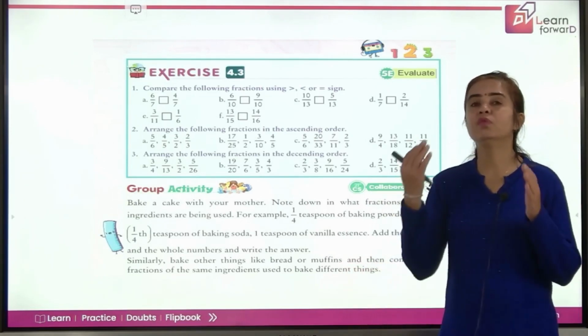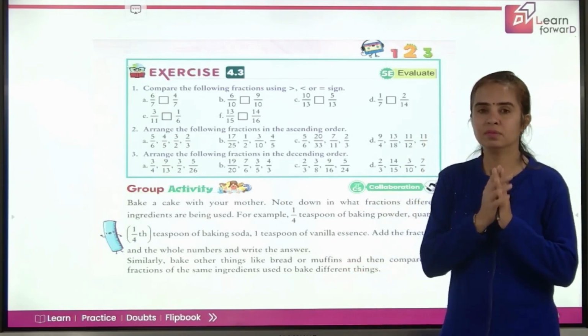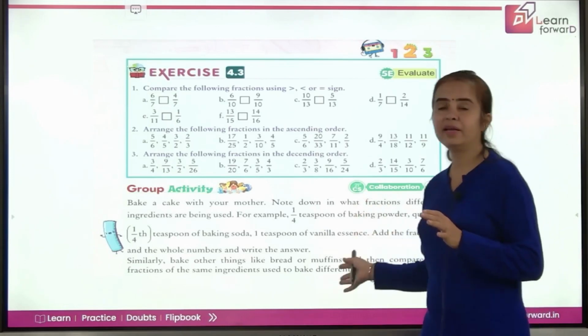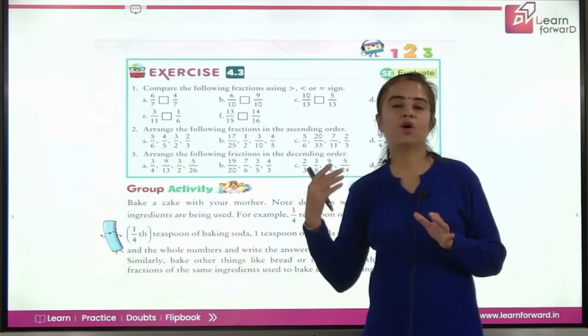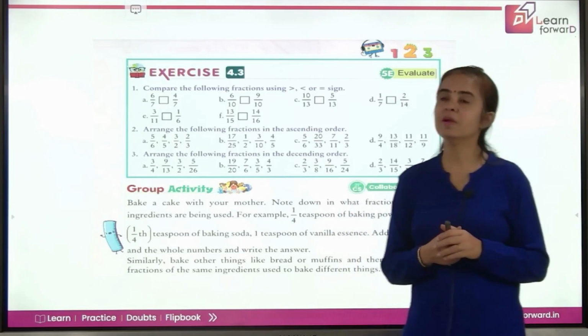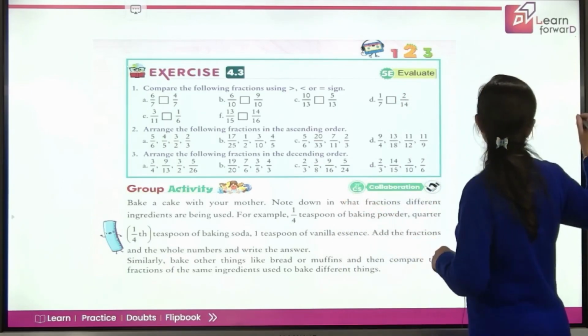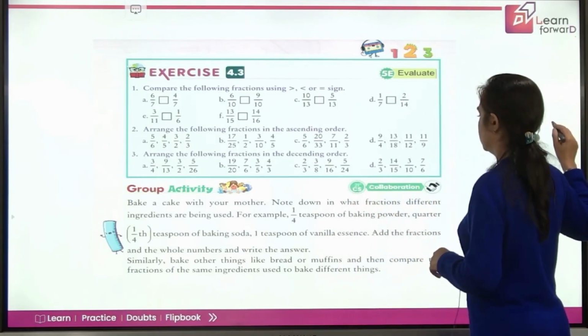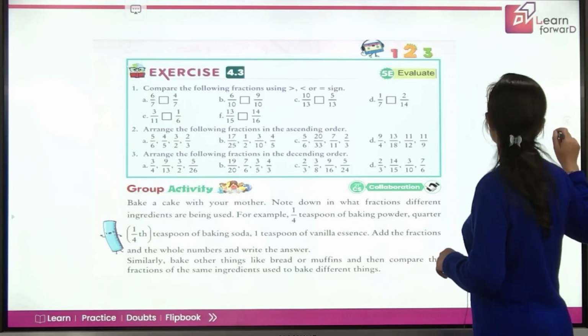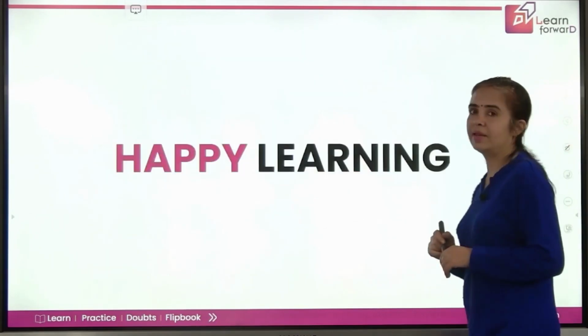That means in which item you are using the maximum or in which you are using the minimum. So this is how you'll be arranging them in descending order or ascending order. That means you'll be comparing them.